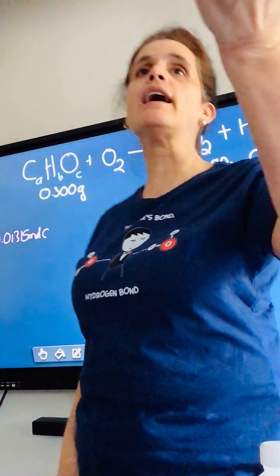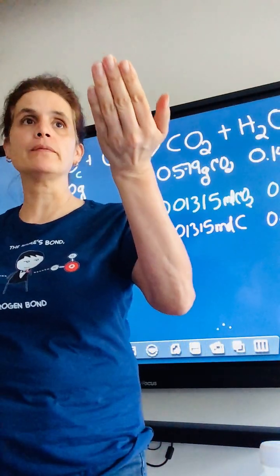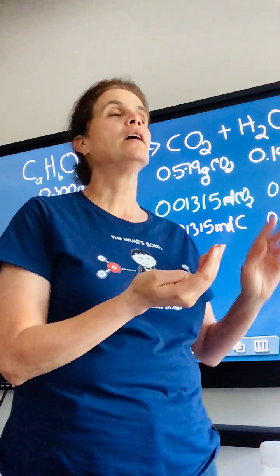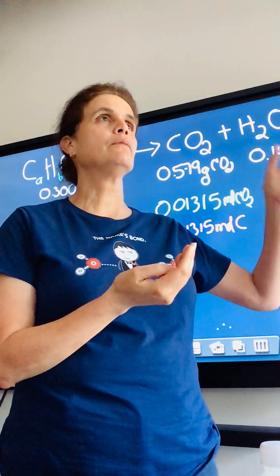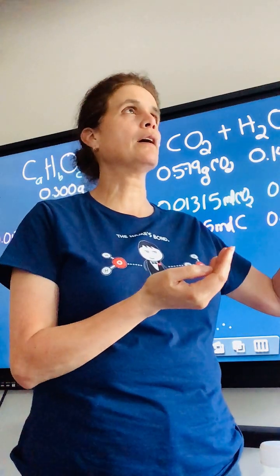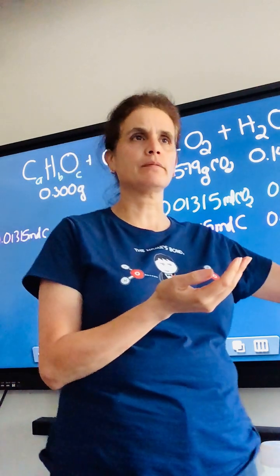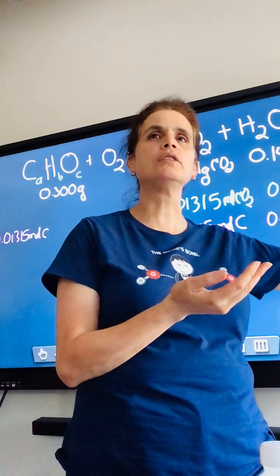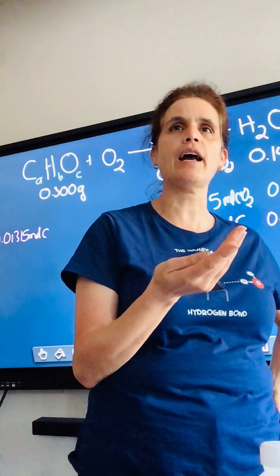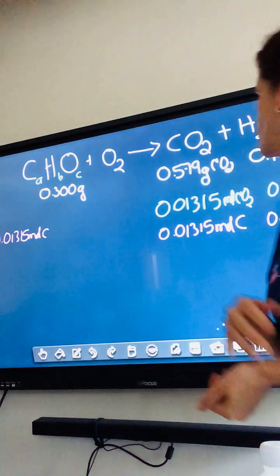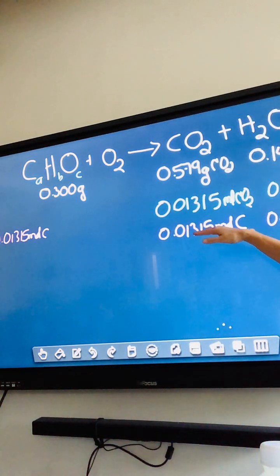I have sugar. I started with 10 grams, right? I found out that of those 10 grams, 5 were carbon and 2 were hydrogen. How many grams of oxygen did I have? 3, right? So we found the moles of carbon.